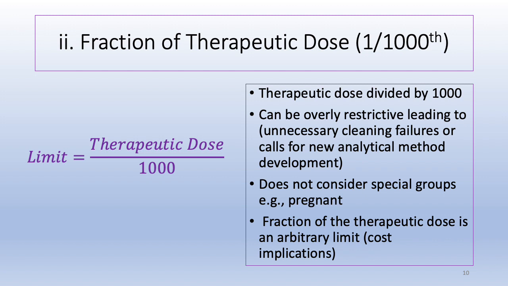And in most of them, it was found that the values were overly restrictive when you use this particular approach. But we'll talk more about this when I come into health-based exposure limits.